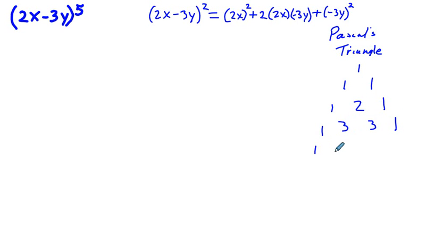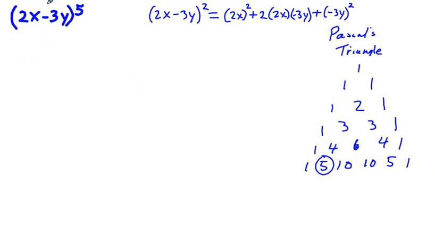So the next row is going to be 1, 4, 6, 4, 1. Then our next row is going to be 1, 5, 10, 10, 5, 1. Looking at the second value in the row, it is 5. This row is going to be representative of a fifth power expansion.